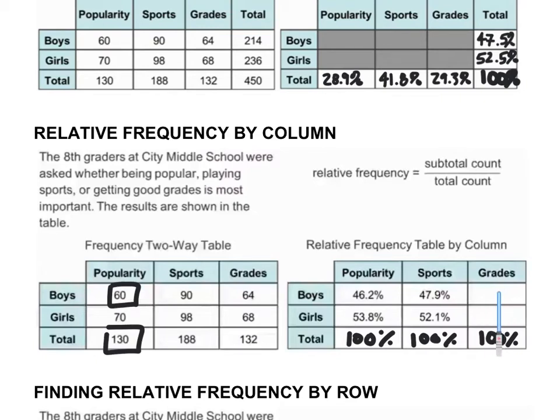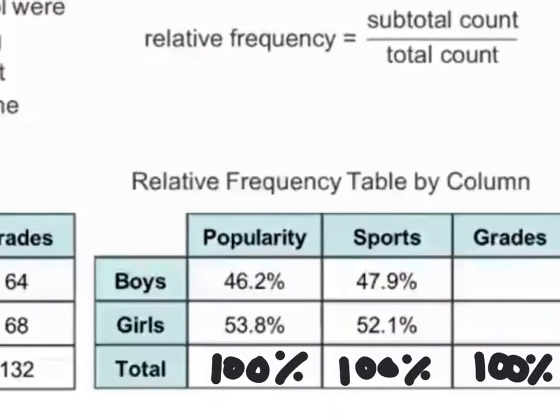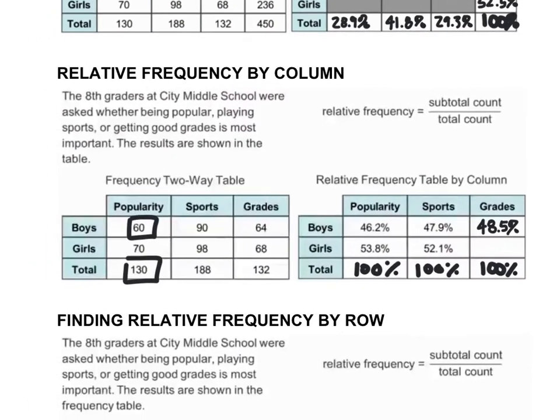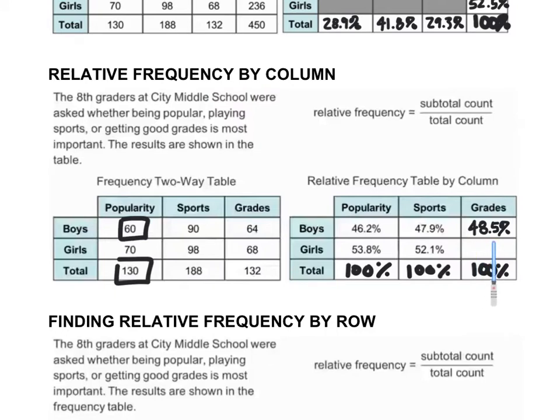To figure out what's going to go in this row here, I'm going to do 64 divided by 132, and that's going to equal 48.5%. Then let's do the next cell here, which is going to be 68 divided by 132.